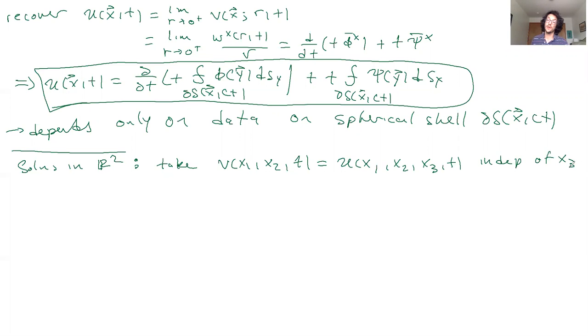So that's the idea. I set up my initial data so that I can use that R3 solution, but my resulting solution is going to be independent of R3. So I will integrate out R3.